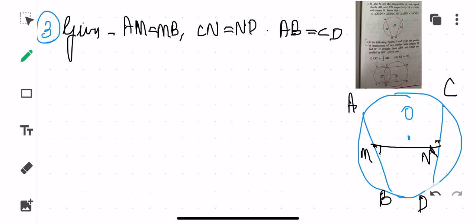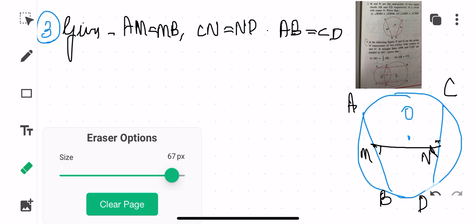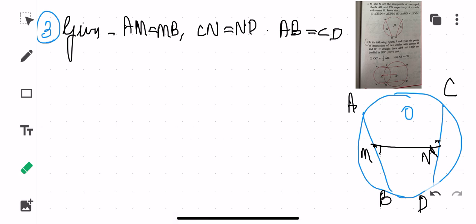Okay, so this is fine, but is there a construction that you will be needing to do? Yes, you need to do a construction. For that I'll be drawing my center a bit upwards, so that the figure is more understandable. I'll be drawing perpendiculars like this. So OM is the perpendicular.